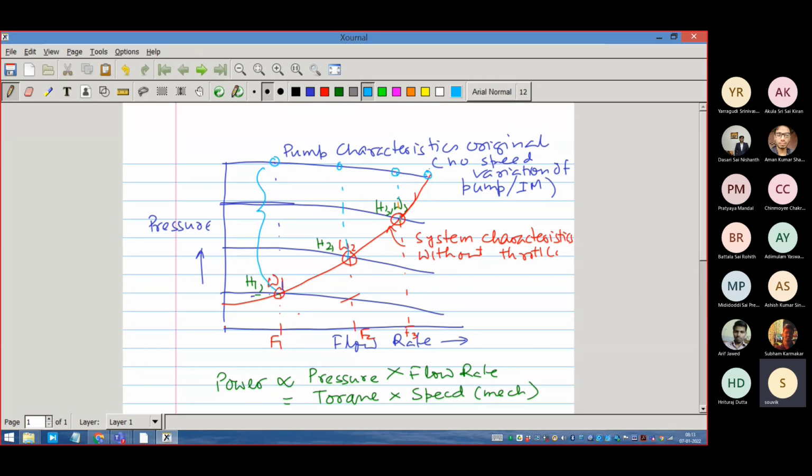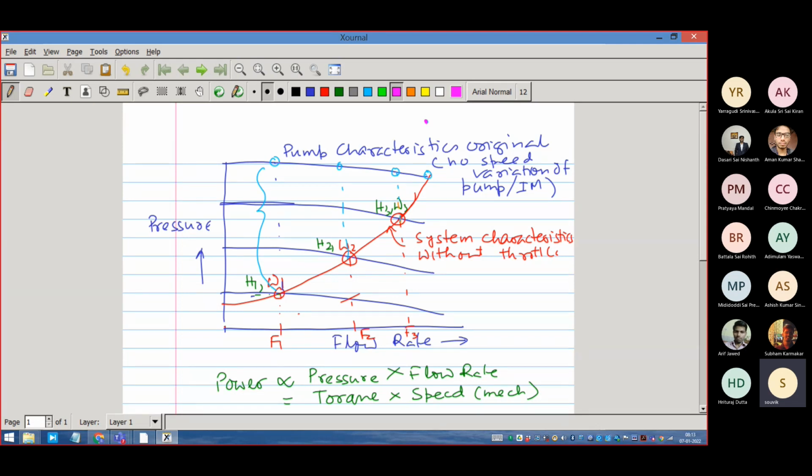So there is no saving here. Let me draw it in another color. This is where the power indicated by the blue curve and the power indicated by the red curve match, but otherwise it is taking something like this pattern.